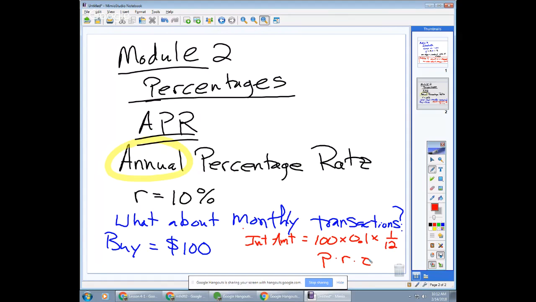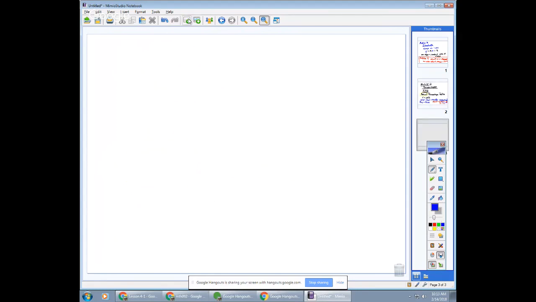If the whole year has gone by, T would be 1, and they have the right to charge you the full 10%. Otherwise, they calculate what's called a monthly rate. If I just focus on this part right here, I get a monthly rate of that 10%, 0.1, divided by 12.